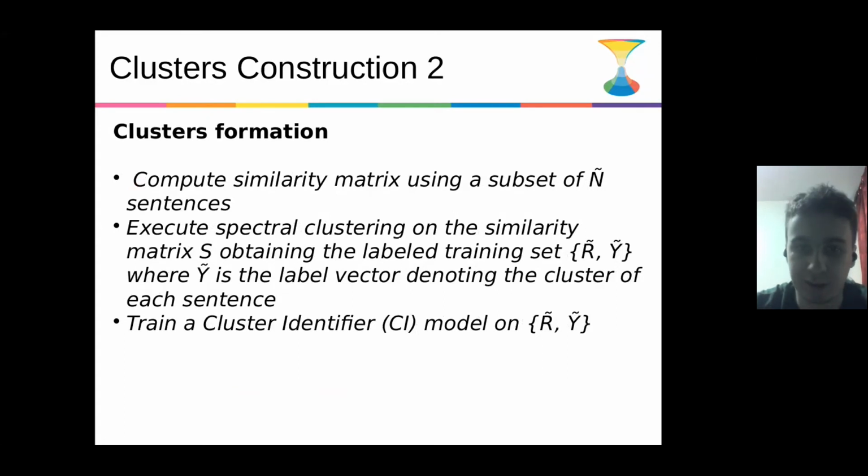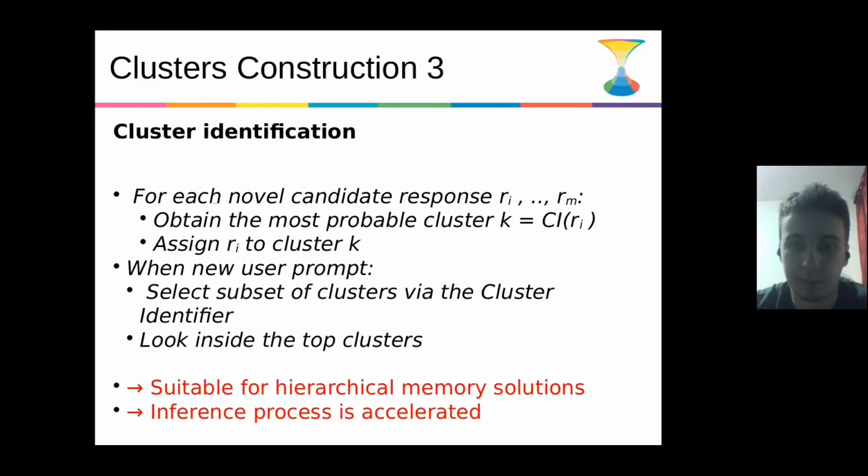And then on this dataset, we can train a cluster identifier model that, given a sentence, will try to assign it to a certain cluster. Now, for each new candidate response, we can obtain the most probable cluster by running this cluster identifier model, which will give us the probability for each cluster, and then we assign the response to the cluster with the highest probability.